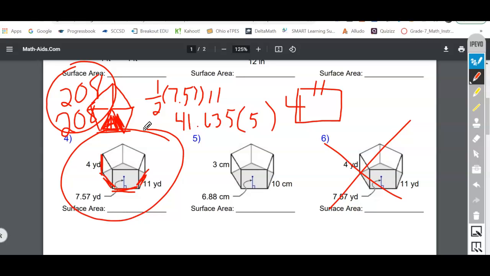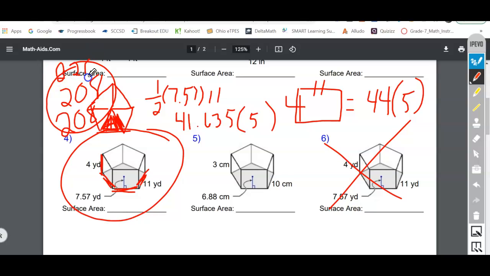That's only on the pentagon. So 4 times 11 is 44. And how many of those rectangles are there? There's 5, right? 1 for each side of the pentagon. So 44 times 5 is 220.